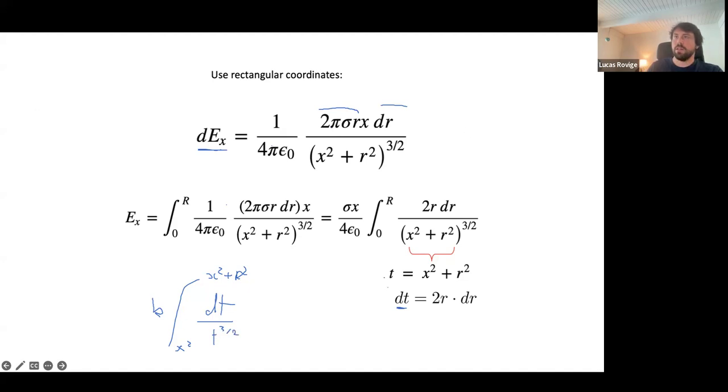All right. So this substitution simplifies this term to this one. And we know the primitive for this integral, so it's easy to integrate.